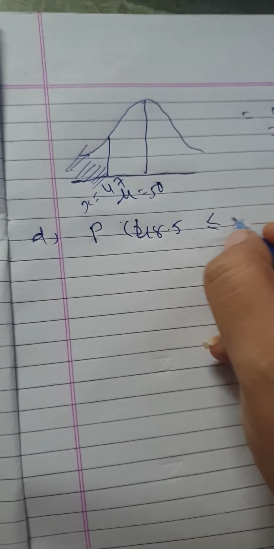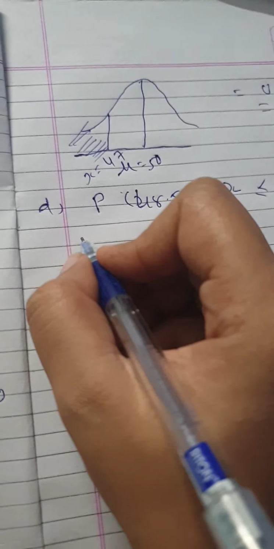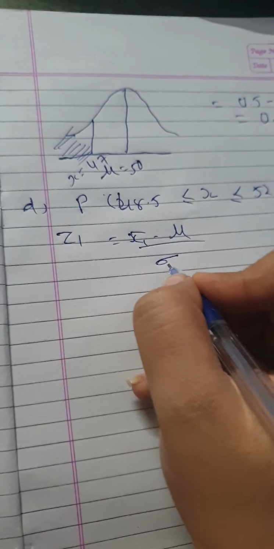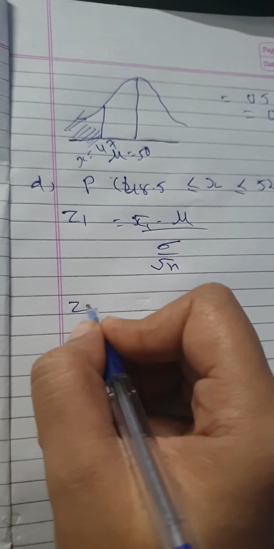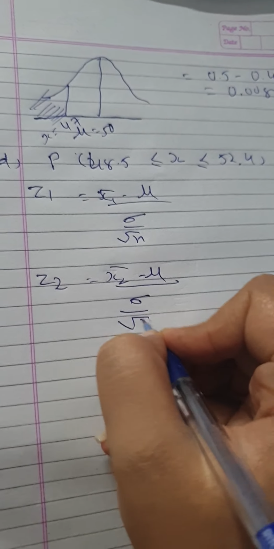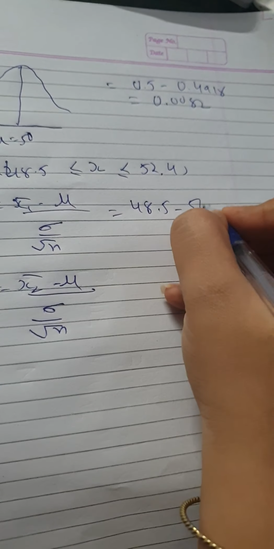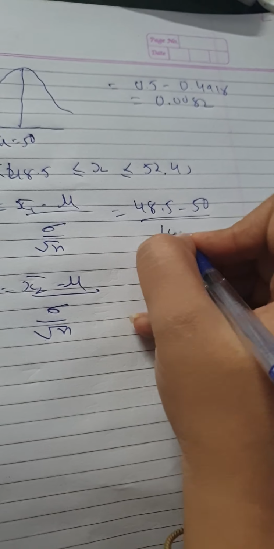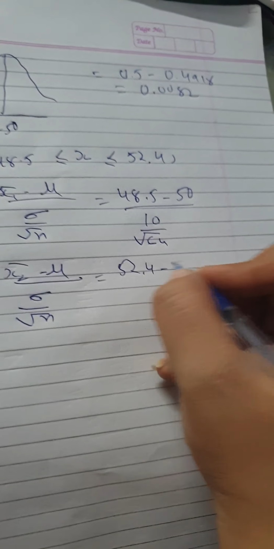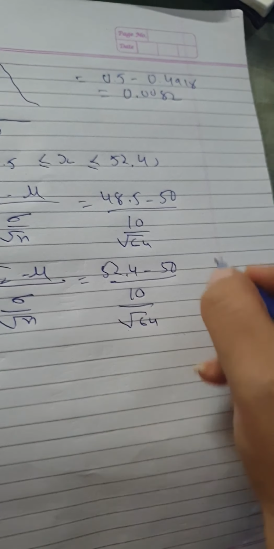Then next, P of 48.5 less than or equal to x bar less than or equal to 52.4. Z1 is x1 bar minus mu upon standard deviation root n, Z2 is x2 bar minus mu upon standard deviation root n. 48.5 minus 50 divided by 10 root 64, then 52.4 minus 50 upon 10 root 64.